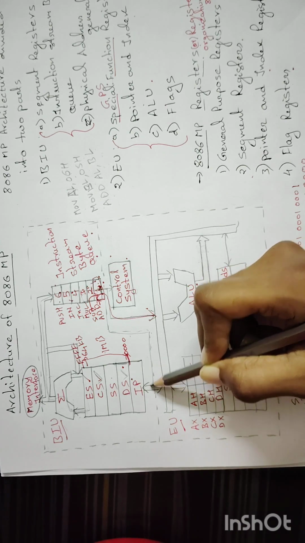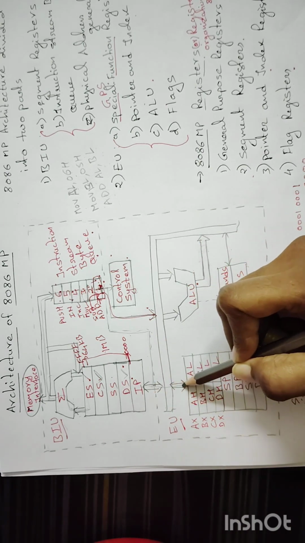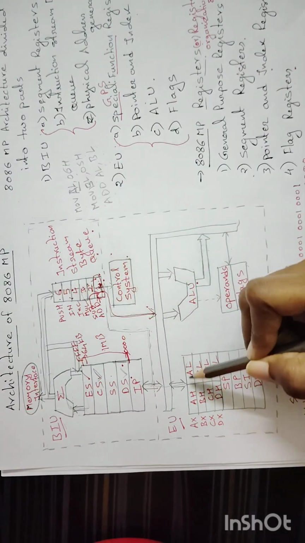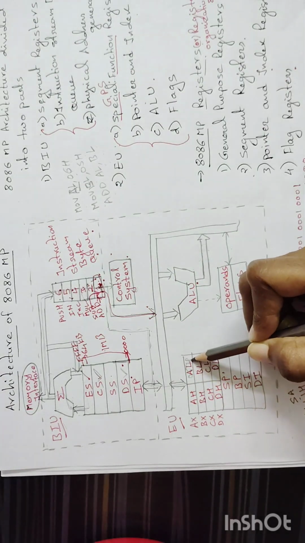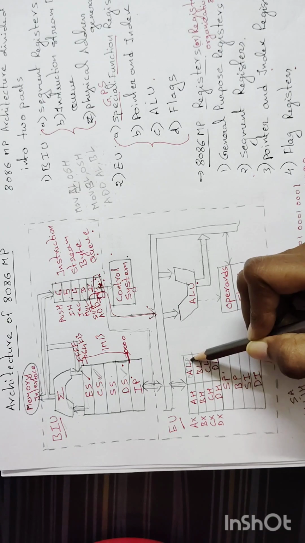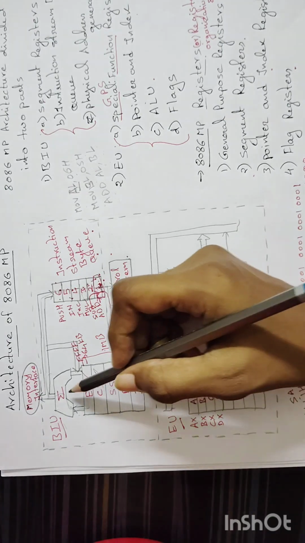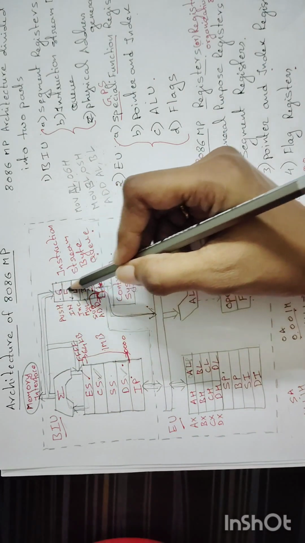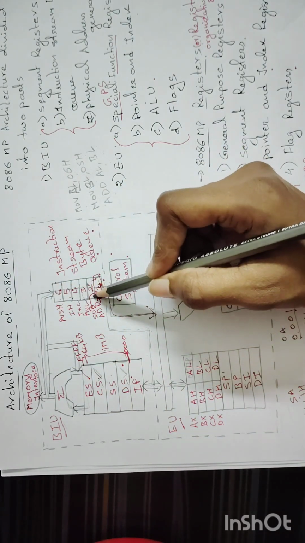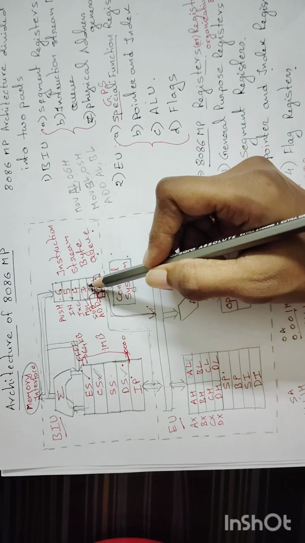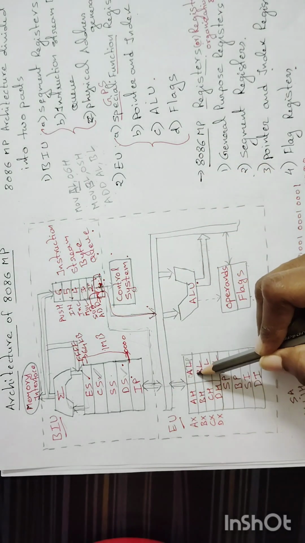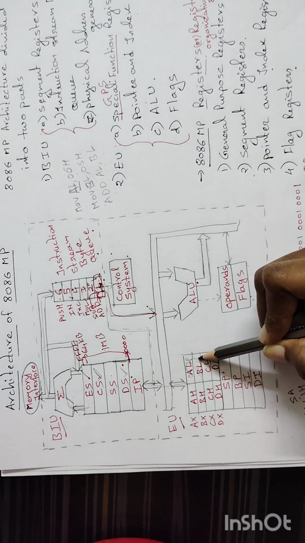Here the data travels like this and is stored in AL. Here 06H is stored. After storing this instruction, the same process repeats, and the next byte, MOV BL, 05H, is stored in BL. So again 05H is stored in this register.